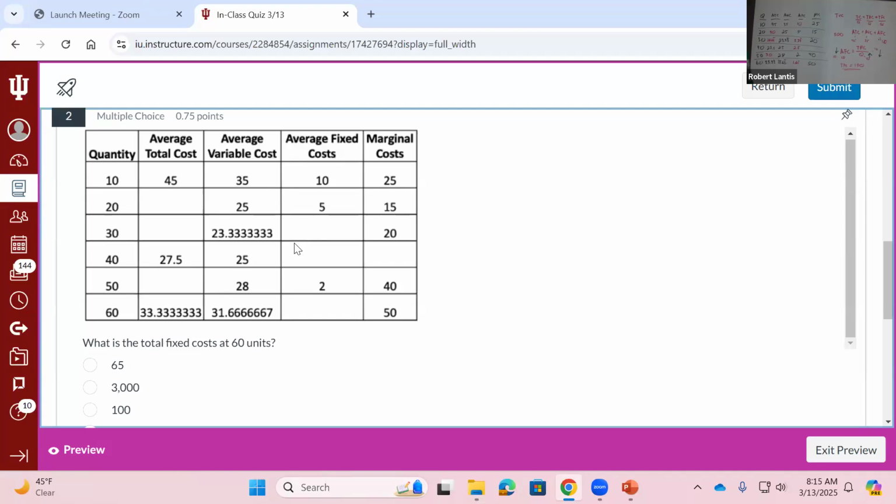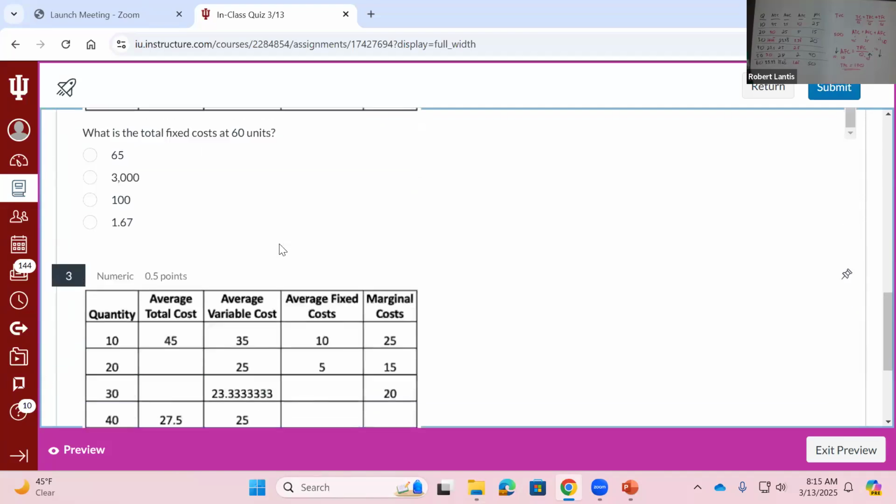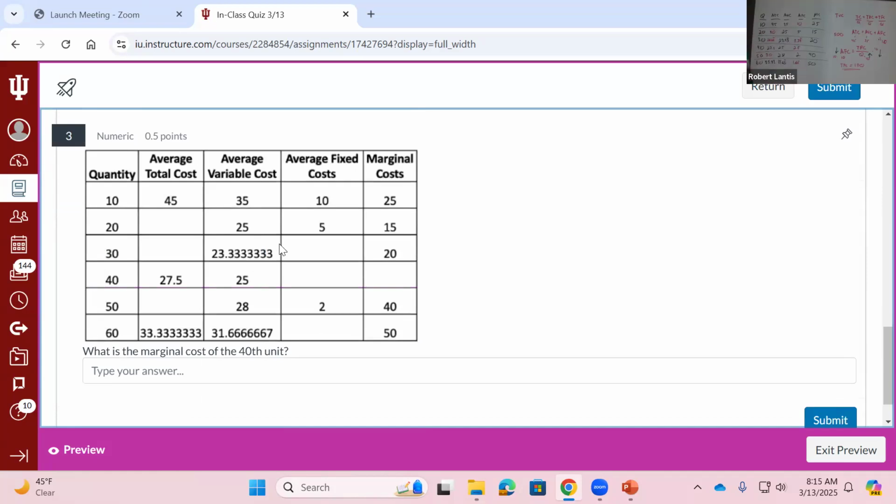Okay. So we've got our total fixed costs were 100. The next question, even though we filled in a bunch of this, we could answer the average total cost. Now that I have my averages, how would I find the total costs at 20 units? If I want to find my total costs, all I have are averages. My average total cost is just my total cost over quantity.